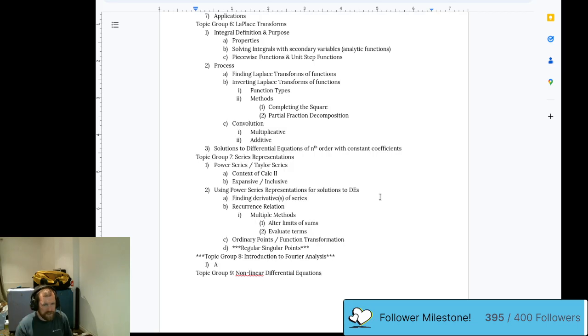at least discussing how nonlinear differential equations work and linearizing them is something that we did in Boyce and DiPrima, which I don't see in Trench.